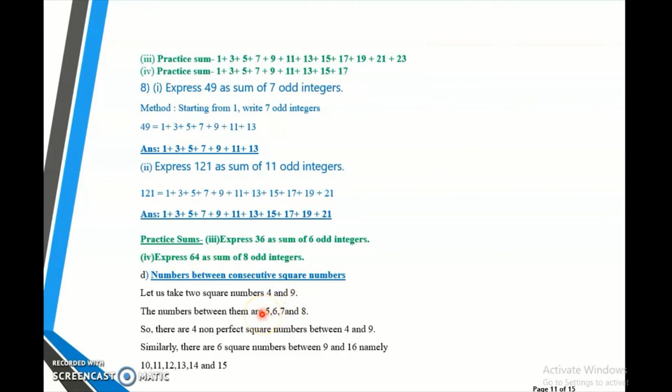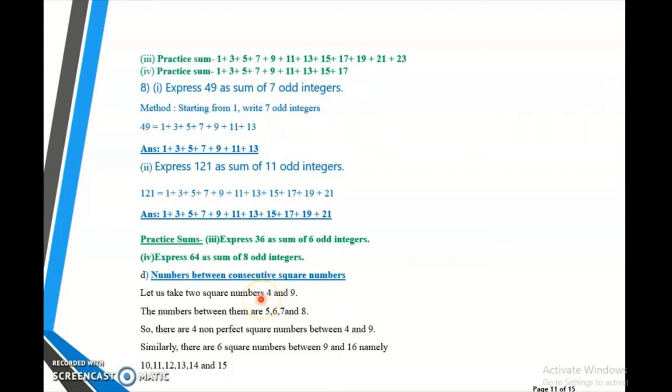When you look into the squares table, you must have noticed that 4, 9, 16, 25 is a series of square numbers coming in order. So 4 and 9 are consecutive numbers, 9 and 16 are consecutive numbers, 16 and 25 are consecutive numbers, and so on. What are the numbers between them?